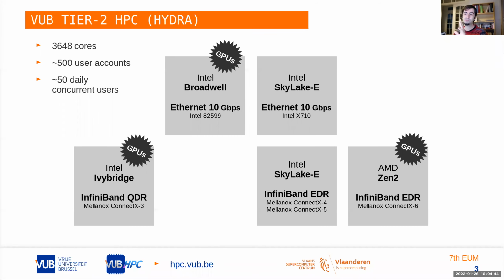So as I said, we have different groups of nodes and different CPUs, different interconnects. This is presented to our users as a single cluster. So our users do not really need to know any of this. When they submit a job, they just need to request some number of cores, amount of memory, and then the job will run. If they really want some specific hardware, they can request it.